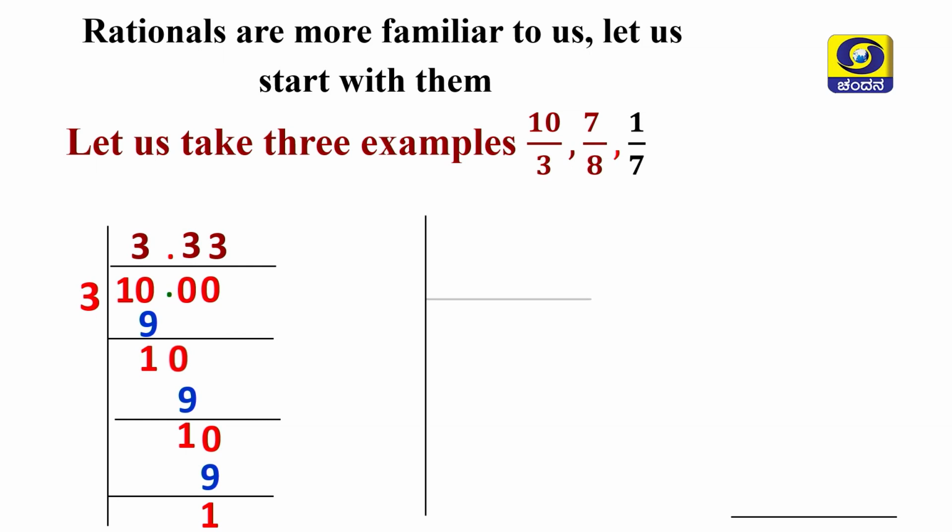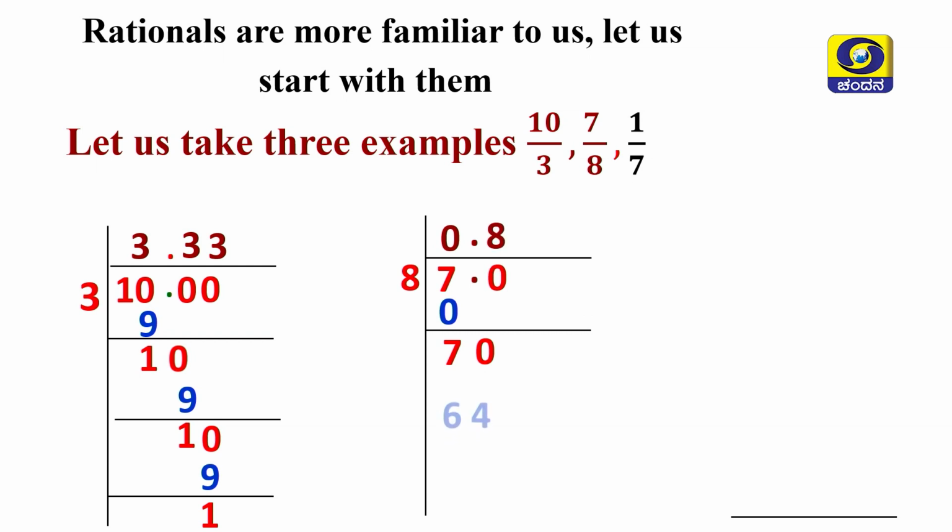Now, let us move on to the next one, 7 by 8. Here denominator is greater than numerator. So, 8 zeros are 0. See, we will get 7 as it is. Now, put a decimal point and take 1 0. Now, it is 70. 8 8s are 64. Now, 6 is the remainder.